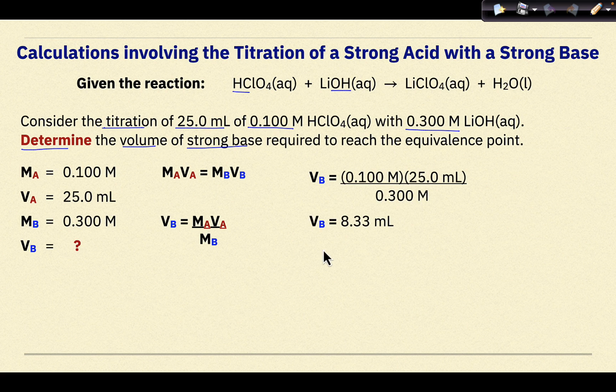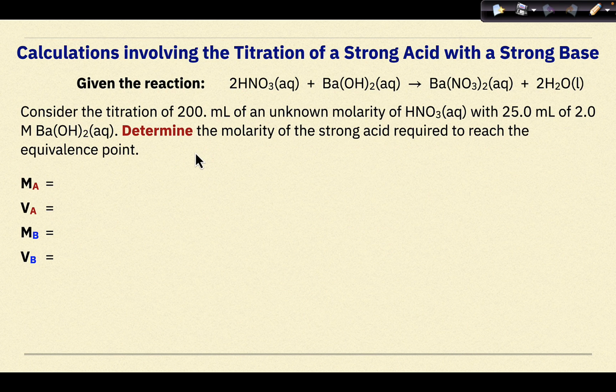When we perform the calculation, the volume of base is equal to 8.33 milliliters to the correct number of significant figures. Unless otherwise indicated, we can keep this as milliliters unless the stimulus tells us to convert it into liters. Let's look at another example.